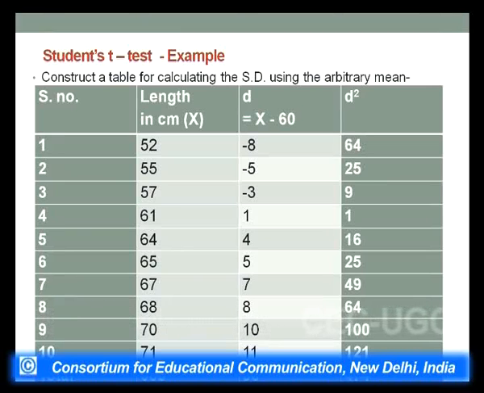For example, here we had the length in centimeters of the advertisements in newspapers, and I want to make a statement. Hindustan Times carries advertisements on social welfare activities whose area is most of the time about 210 square centimeters. Now, if I say this, then I have to first prove whether my statement is correct or not correct. So, I will use the student t-test.